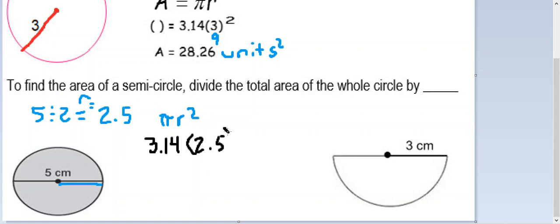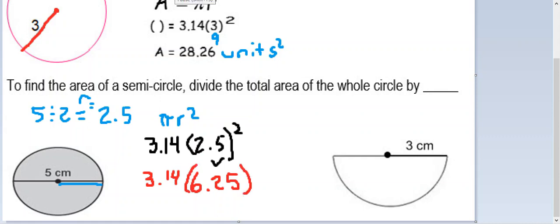So 2.5 and then squared. Order of operations says we have to square first. So 2.5 squared, or 2.5 times 2.5, gives us 6.25. But I still have this pi here, right? So it'd be 3.14 times 6.25.